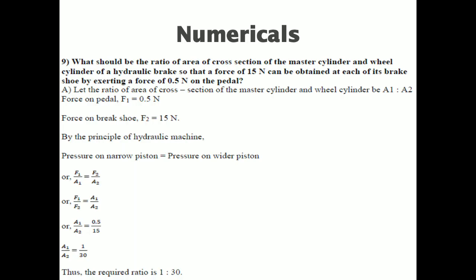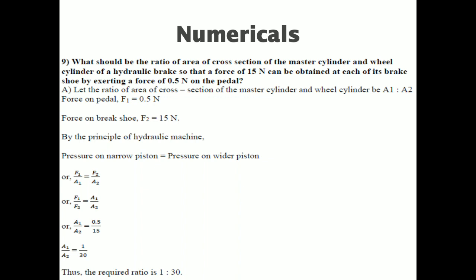Let us proceed. What should be the ratio of the cross section of the master cylinder and wheel cylinder of a hydraulic brake, so that a force of 15 Newton can be obtained on each brake shoe by exerting a force of 0.5 Newton on a pedal? Over here, we want to find the ratio of master cylinder to wheel cylinder.